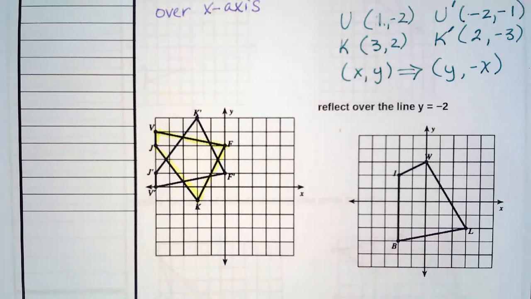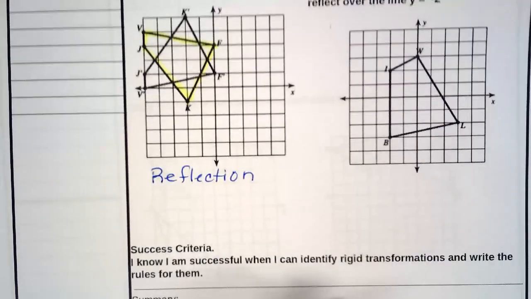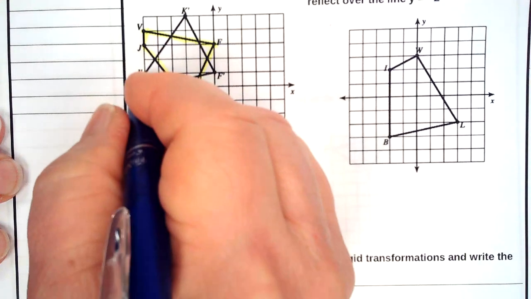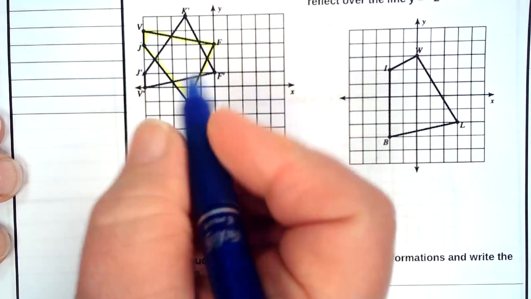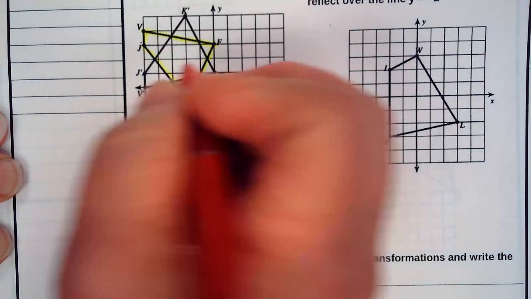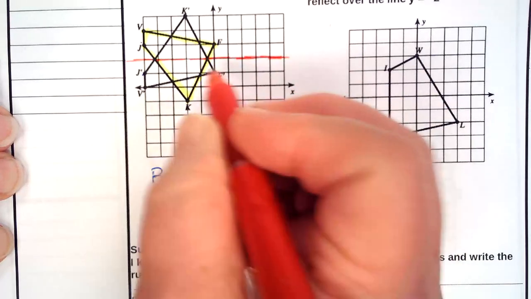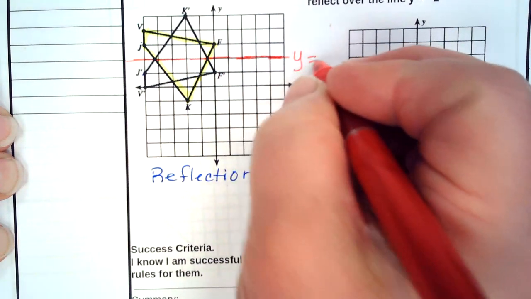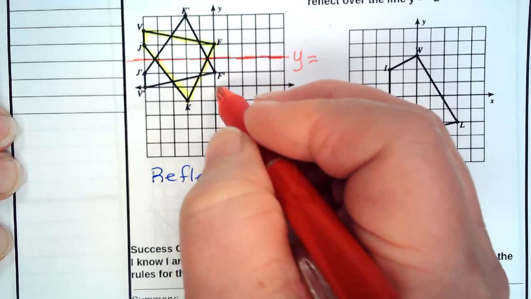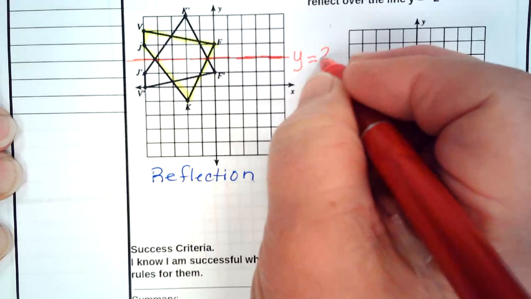So this would be a reflection, but what is our line of reflection? If I find the midpoint of these 2 points, the segment that connects them, this would be my line of reflection, where y is equal to 2.